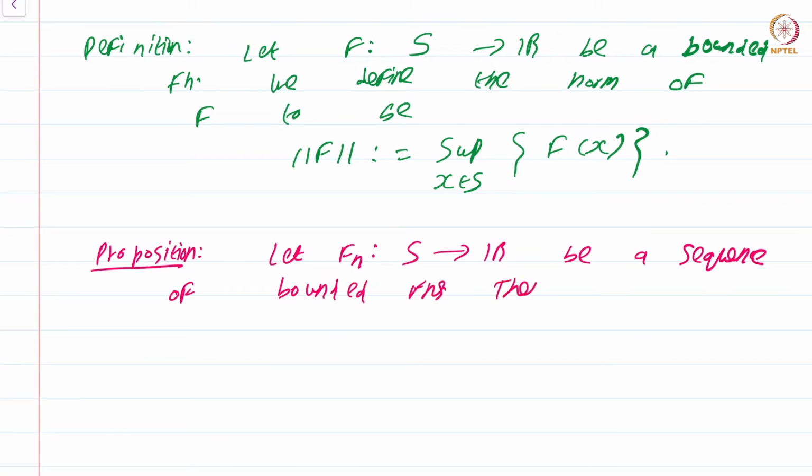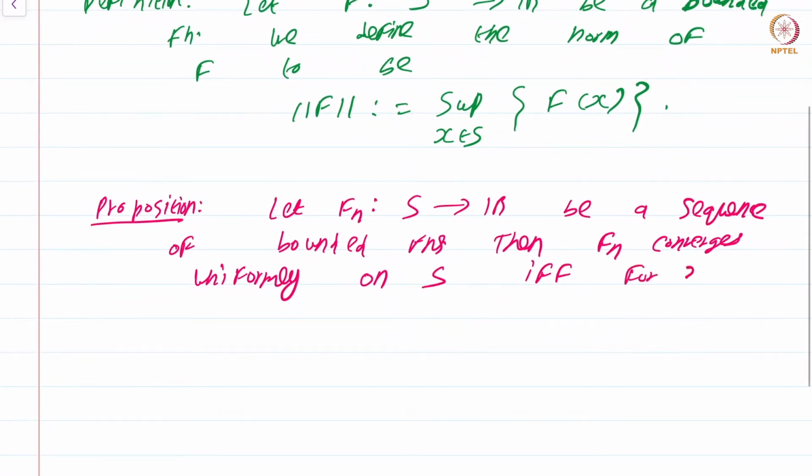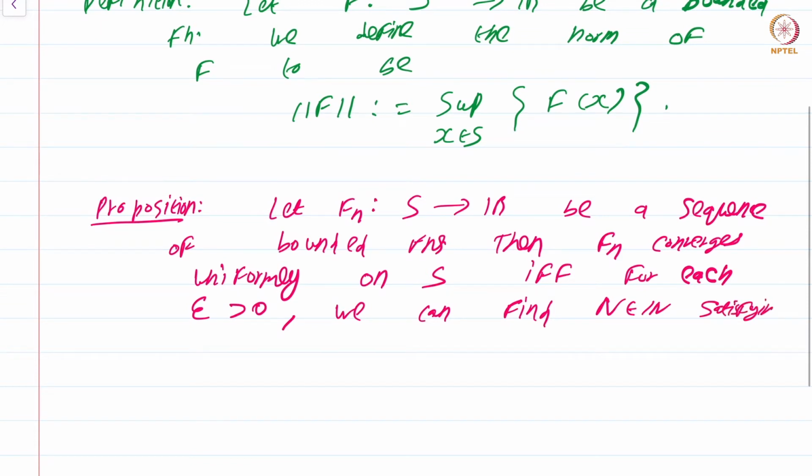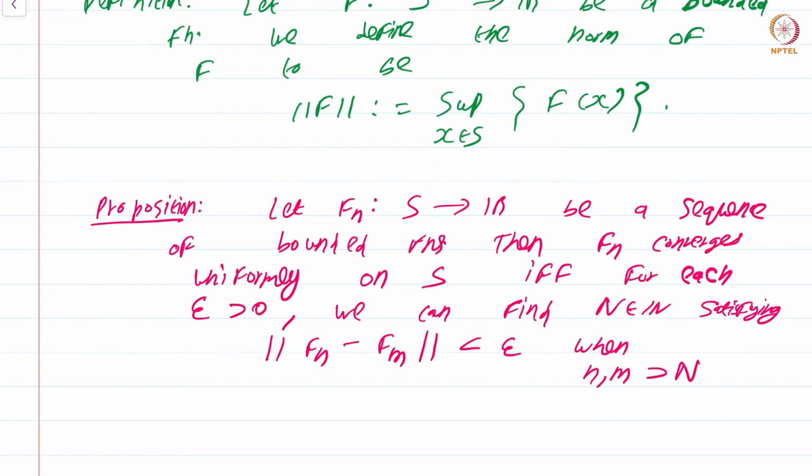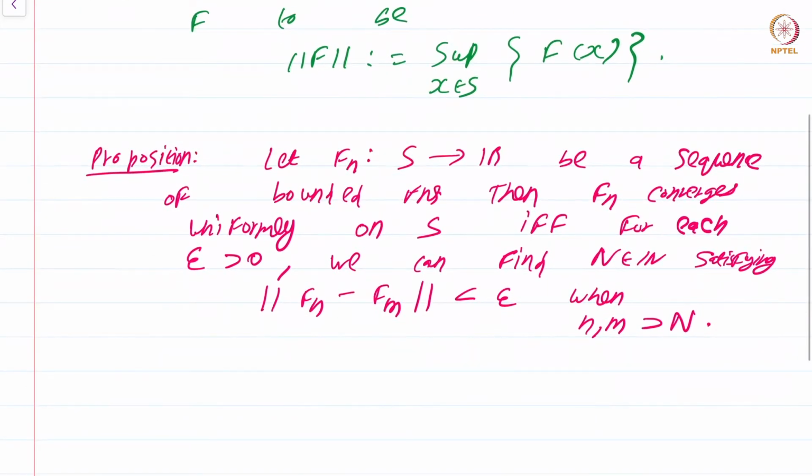Then f_n converges uniformly on S if and only if for each epsilon greater than 0 we can find a capital N in the naturals satisfying norm of f_n minus f_m is less than epsilon when n, m are greater than capital N. So this is sort of the Cauchy criterion.